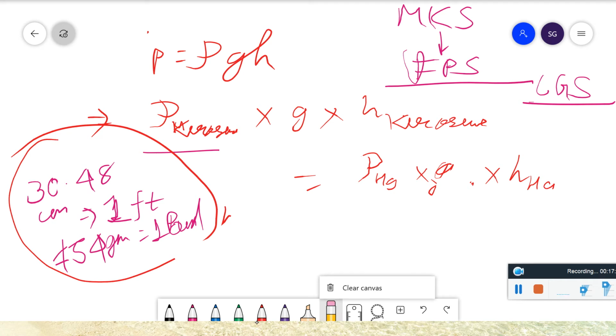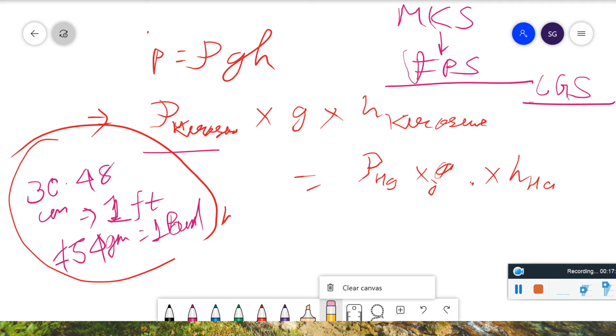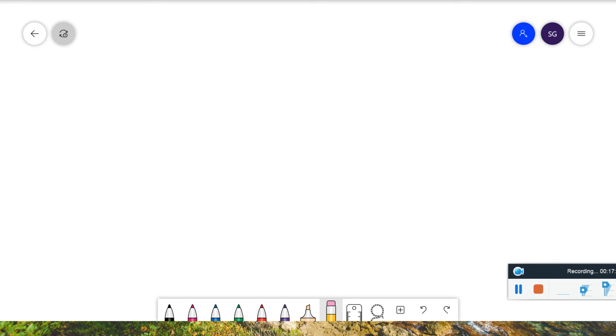Clear canvas. We have been given that 25 centimeter is the given kerosene height.